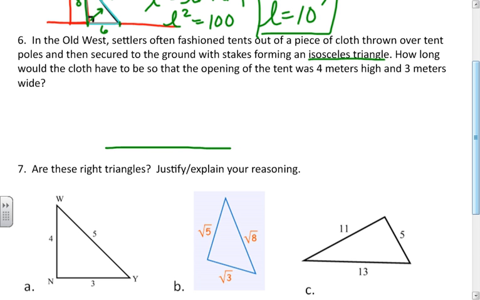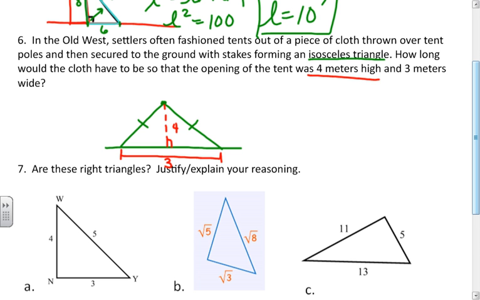So here's my ground, here's my tent pole, and I have a single piece of cloth that's thrown over. Now, I want 4 meters high, and I want the opening to be 3 meters wide. So how long does the cloth have to be?